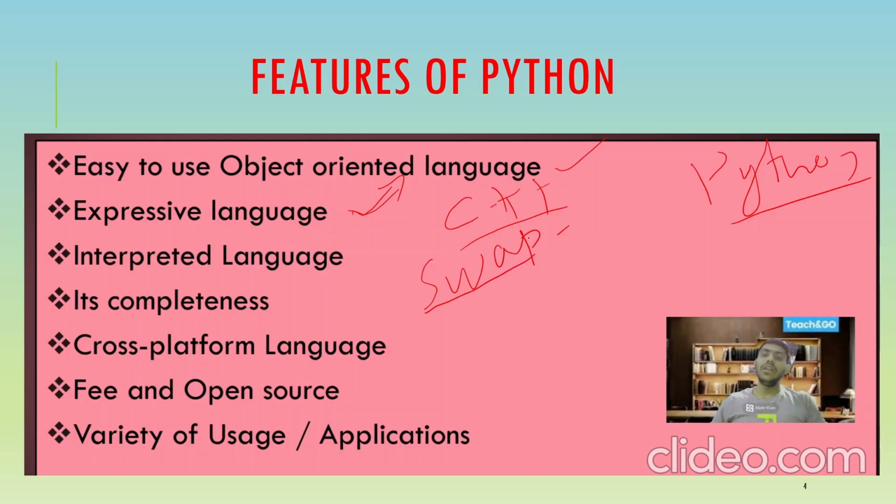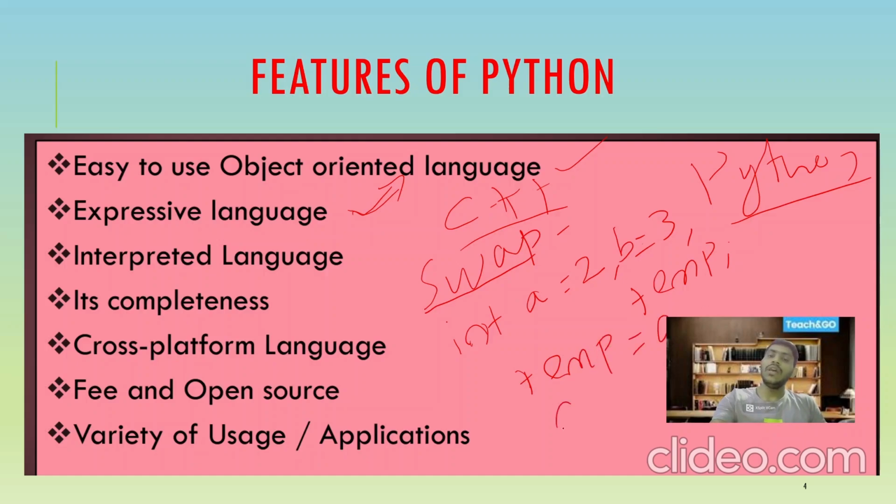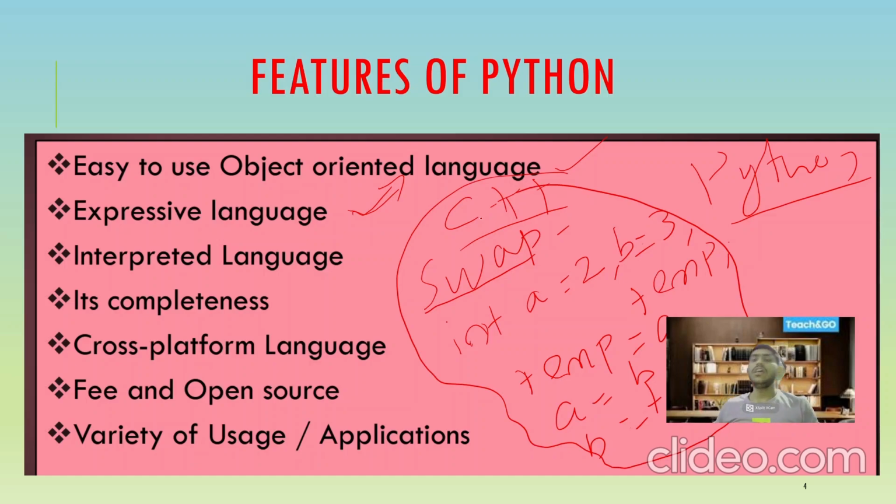Then we write int a equal to 2, b equal to 3, and we take a third variable to exchange their values. Then we write x equal to a, a equal to b, b equal to x. So this much process we follow in other languages to swap a value.